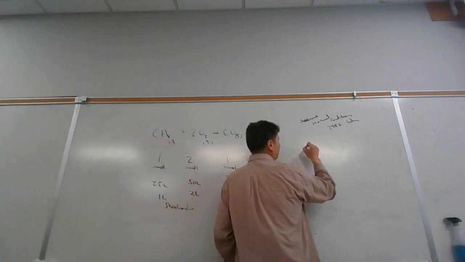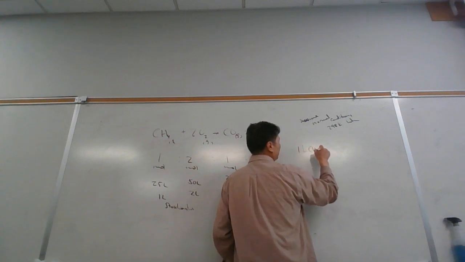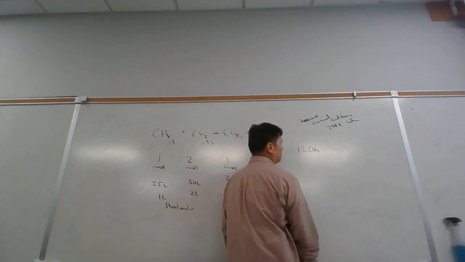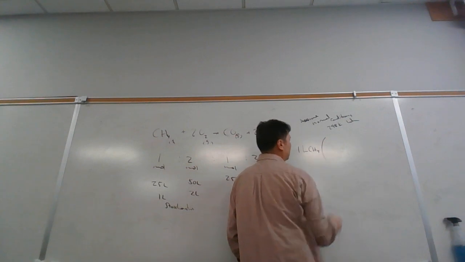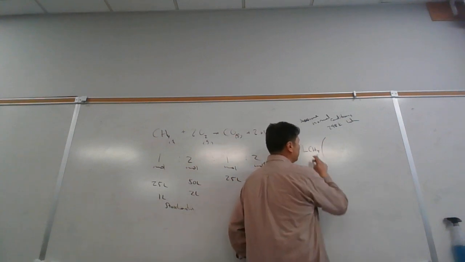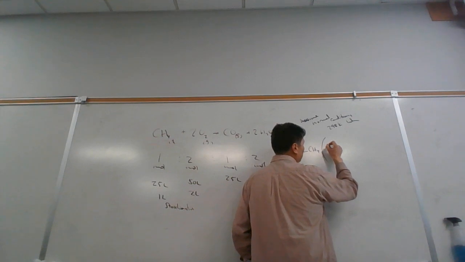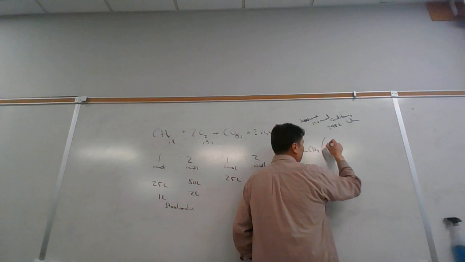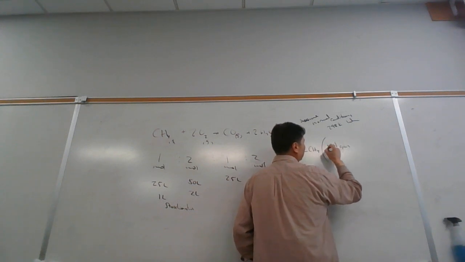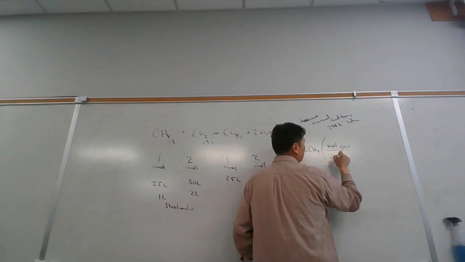So I'm going to have 1 liter of methane. 1 mole of gas is equivalent to 24.5 liters. I'll go with 3 sig figs.